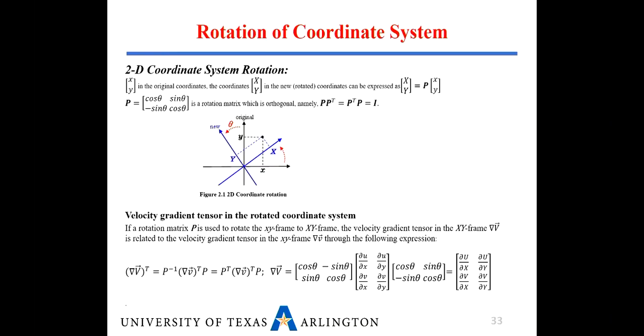But first, we need to understand how to do the rotation. Well, the 2D rotation, we can use this. This is the gradient of velocity. This is the rotation. After that, you get a new partial small u, partial x. Now you got partial capital U, partial x.